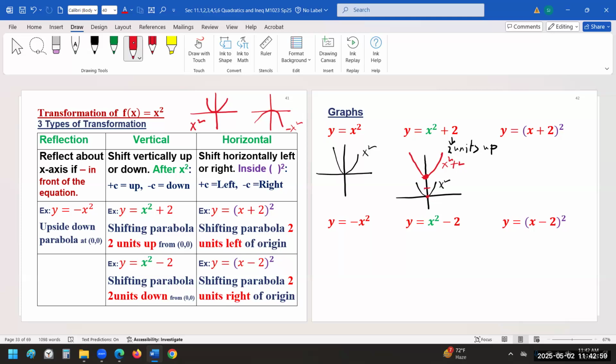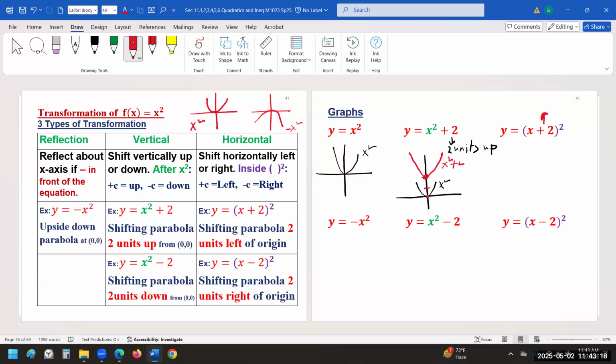And then here you have x plus 2 inside your parentheses. So inside means which direction do you go, left, right, or up, down? It should be left, right.